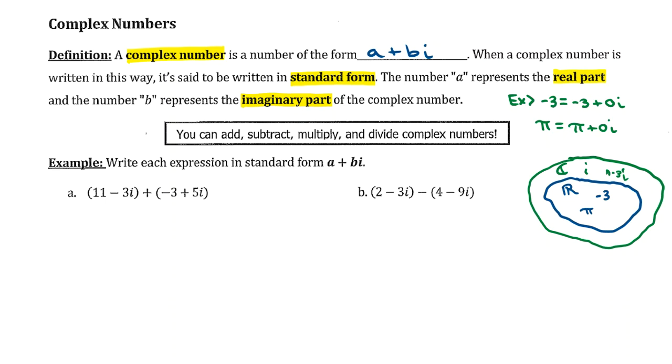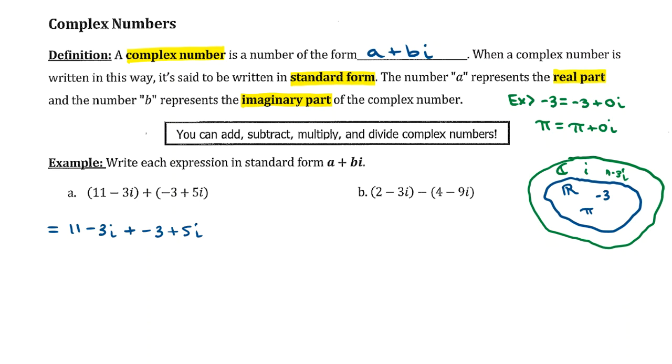Basically, it'd be like adding two polynomials together. You would check for any numbers in front of the sets of parentheses. In this case, there's nothing different than 1, and if there were a number different than 1, you would distribute it. Seeing that there are none, we can quickly abandon the parentheses. Write 11 minus 3i plus -3 plus 5i.